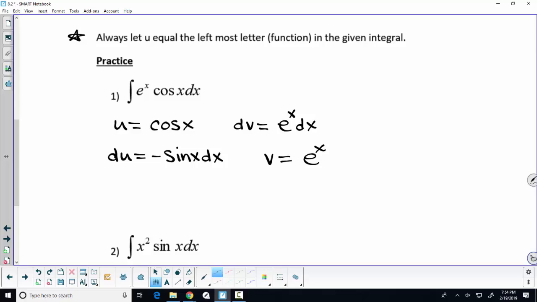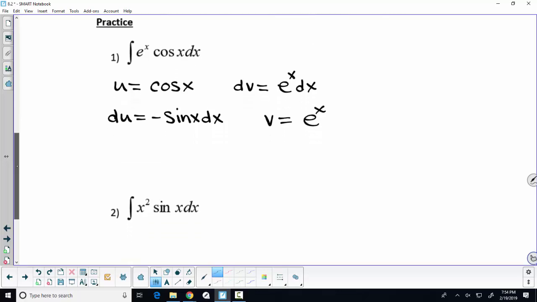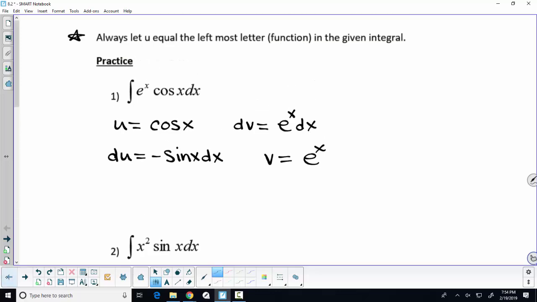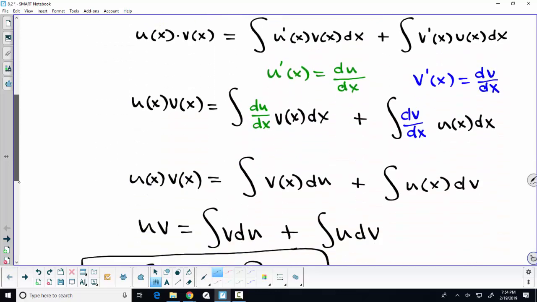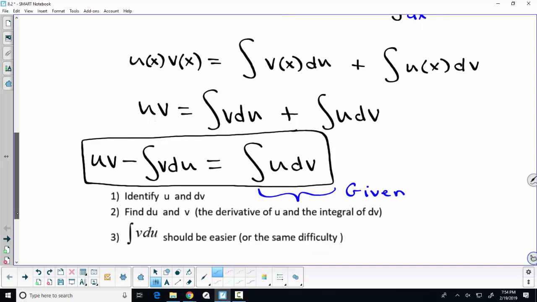Okay, so then from there, we just have to remember the formula. A mnemonic that's used to remember this formula, I don't know if it's useful or not, but for integration by parts, we have uv minus the integral of v du. So sometimes they call integration by parts ultraviolet voodoo. I don't know if that's helpful or not.